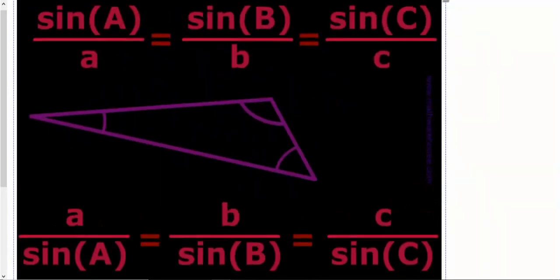We either have sine of A over a equals sine of B over b equals sine of C over c. If we had just added in one more height, we would have been able to see this pretty clearly. Our other option is a over sine of A equals b over sine of B equals c over sine of C. We're not really showing the angles here, but we could call this angle A, which means that the side across from it would be side length lowercase a.